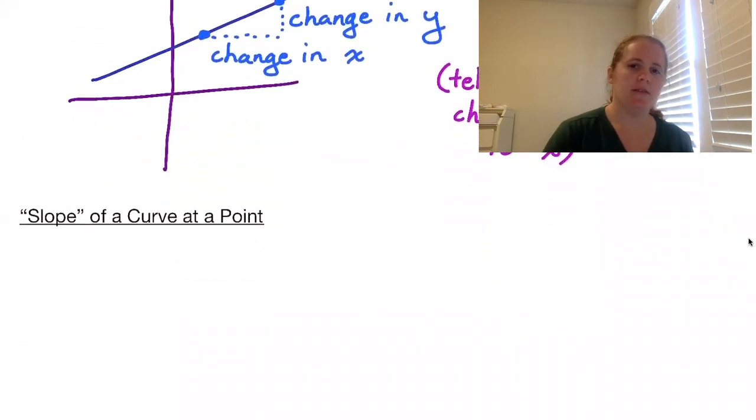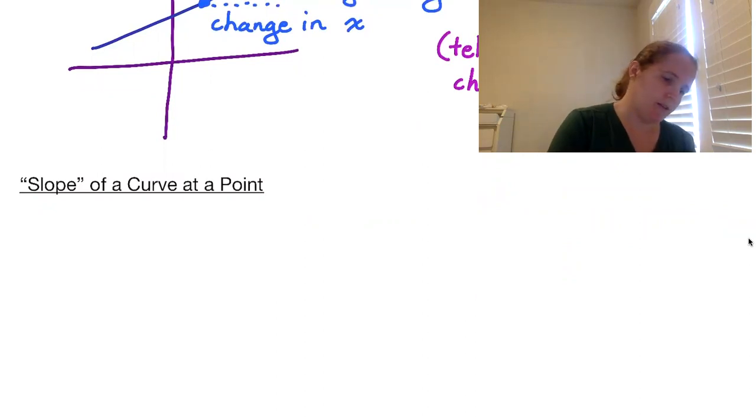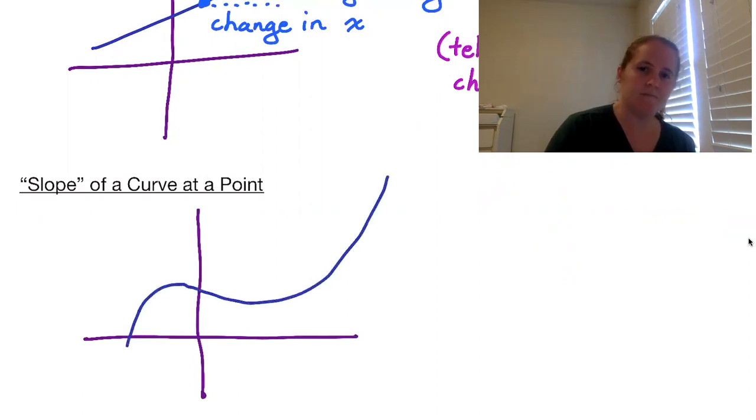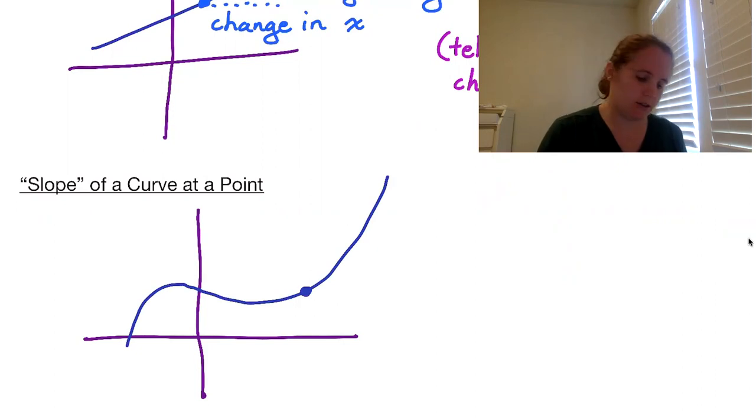So next up, we have slope of a curve at a specific point. So let's go ahead and take a curve. If we want to know what the slope is at that specific point, we want to know the precise slope, essentially the instantaneous rate of change.